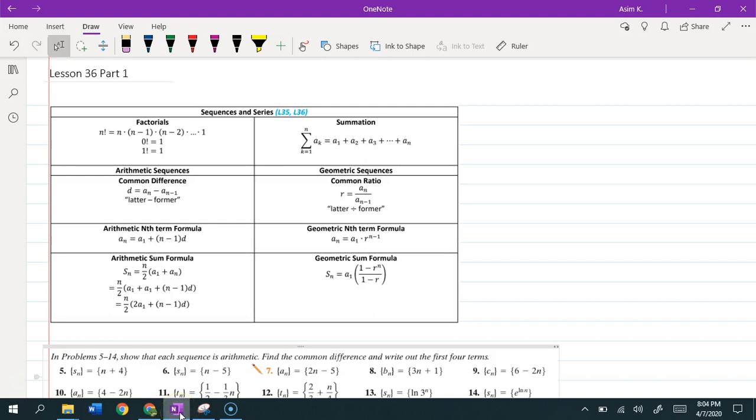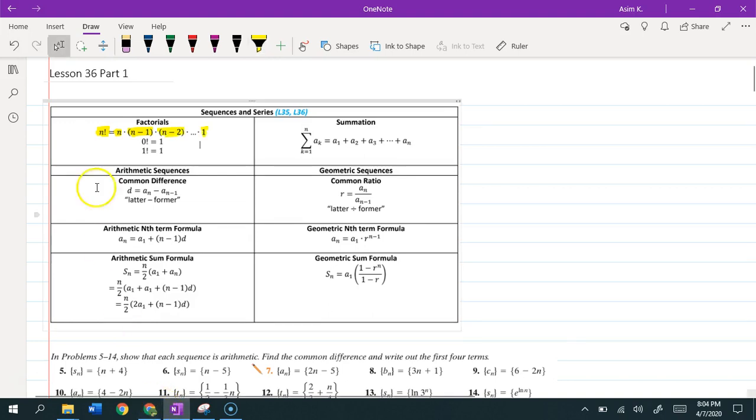So let's get started. One of the things that I spoke to you about in the last class is factorials, and I'd like to highlight a few things about them. Recall that for a factorial, you take the number n and multiply it by the number that's 1 less than it, then 1 less than that, and you keep going until 1.